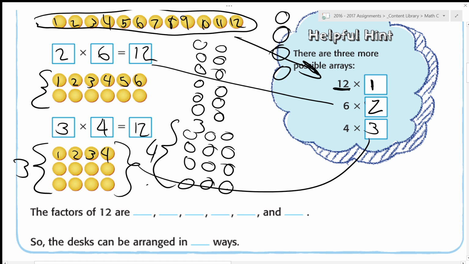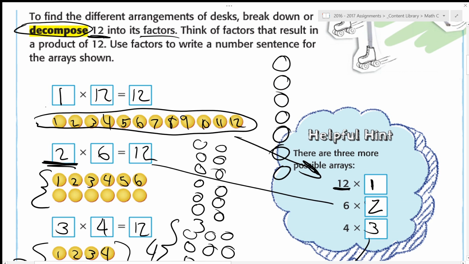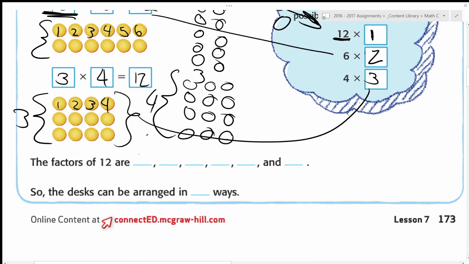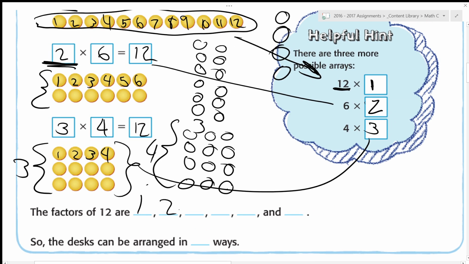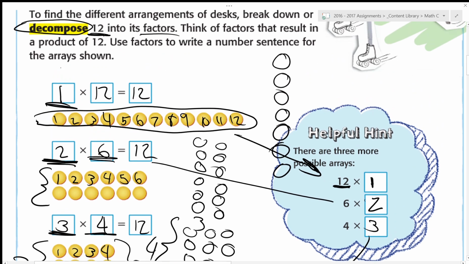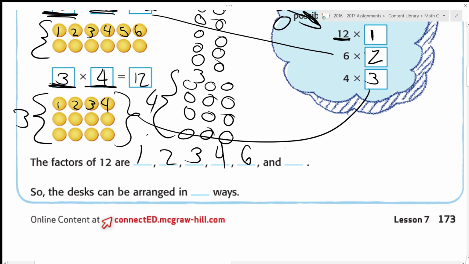So what we're looking at are the 6 different ways that she could arrange the desks, and the factors are all these numbers. So we're going to start with the lowest one, the 1, then we've got 2 and 3, and we've got 4, no 5, we do have 6, and we have 12.